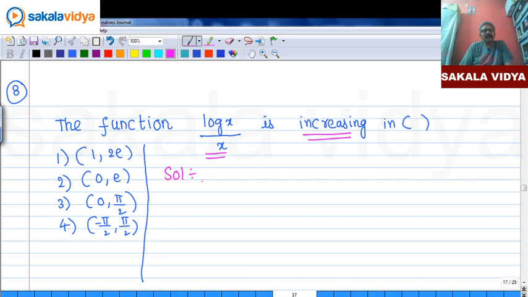Solution, let us say f of x equals log x by x. For this function we need to write the domain.